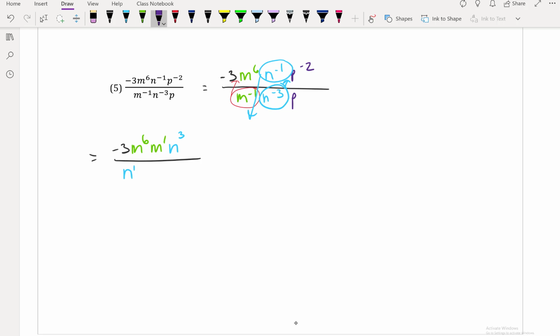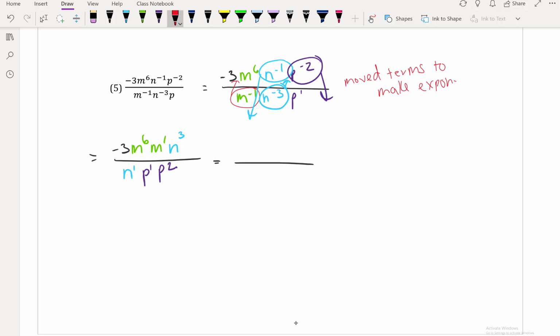Now this p to the negative 2, that's negative, so I need to move it down at the bottom. But remember, you already had a p to the 1, and you moved that p to the 2 to the bottom to make it positive.